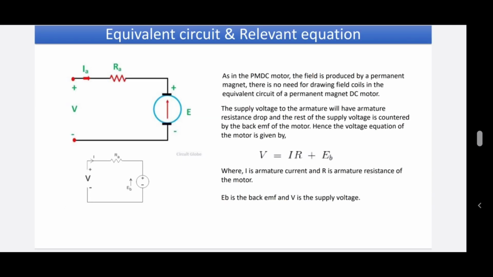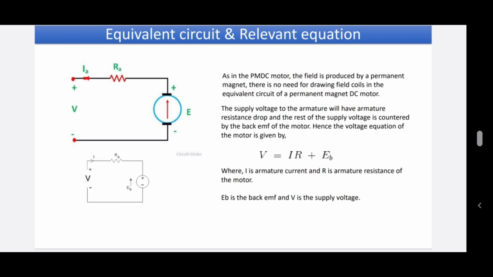This is the equivalent circuit for a permanent magnet DC motor. When we look at the equivalent circuit, IA is the armature current and RA is the resistance of the motor, while EB is the back electromagnetic field of the motor and V is the supply voltage. As in the permanent magnet DC motor the field is produced by a permanent magnet, there is no need for drawing a field coil in the equivalent circuit.